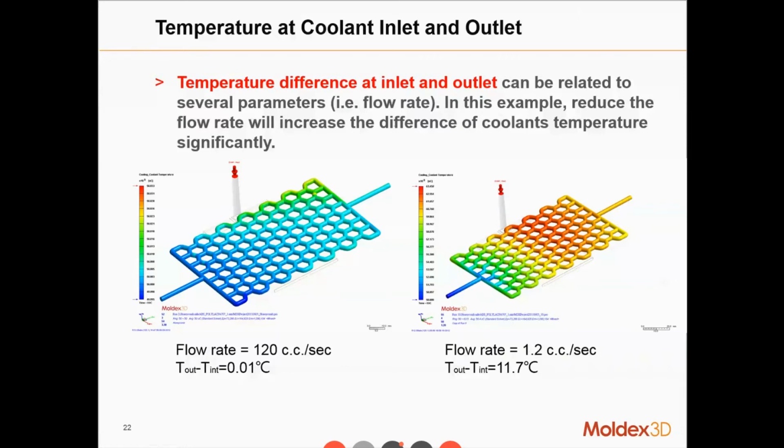On the right side, we have 1.2 cubic centimeters per second. On the left side, we have 120. And they produce a massive difference when it comes to the difference between coolant inlet and outlet.